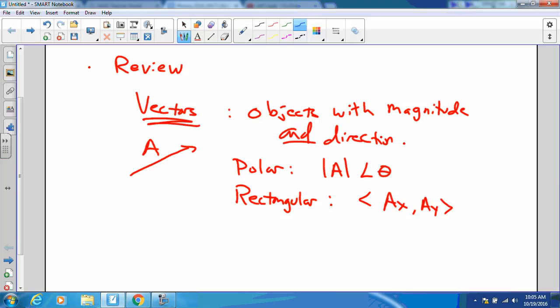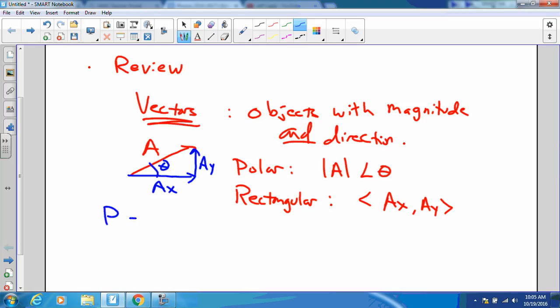And if we look at the arrow for A, then AX is the component that is parallel to the x-axis, and AY is the component that is parallel to the y-axis. And since our direction angle is always measured from due east, then this little right triangle right here tells us all the relations that we need to get from rectangular form to polar form or vice versa.